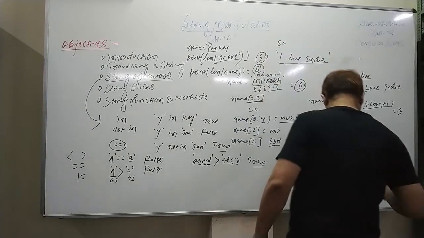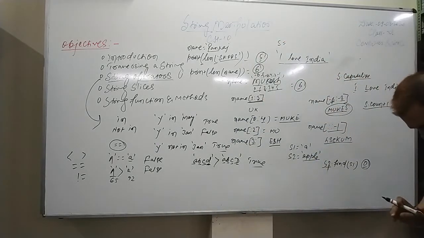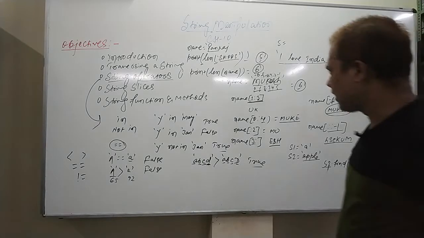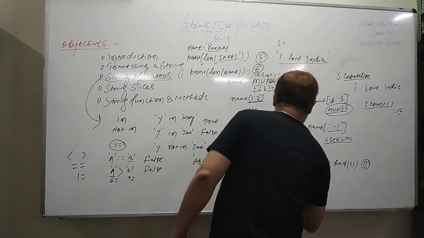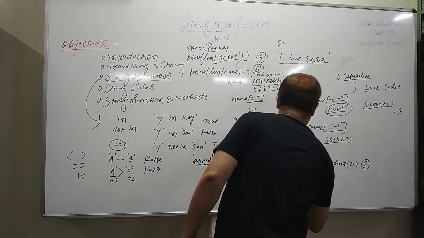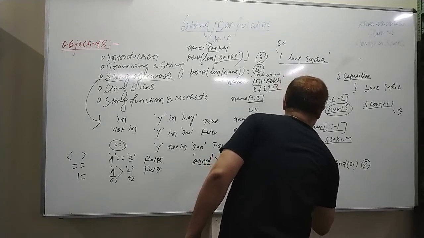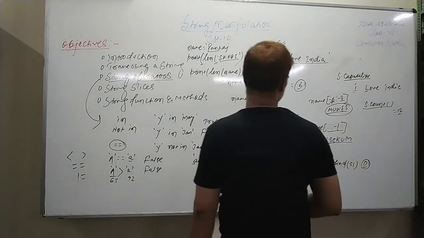For example, if you want to find the index of, suppose any string you can take, the syntax is a string dot index, and then where you want to find the index and which index you want to find. For example, here S2.index(S1).